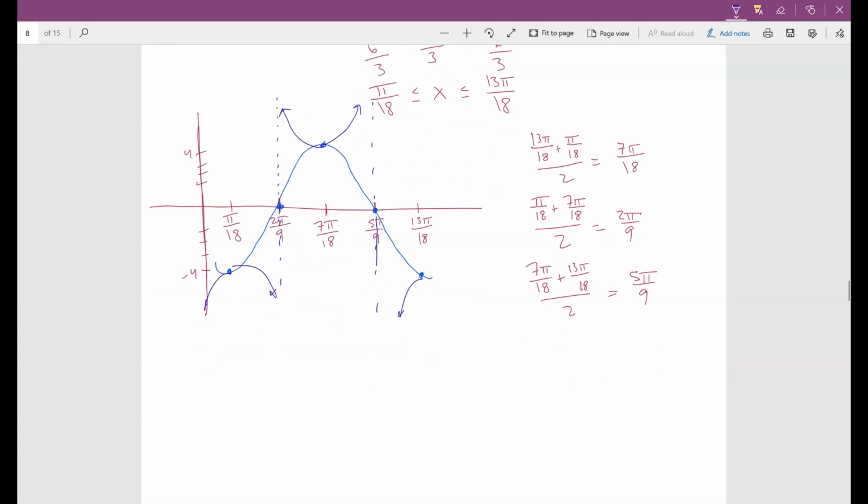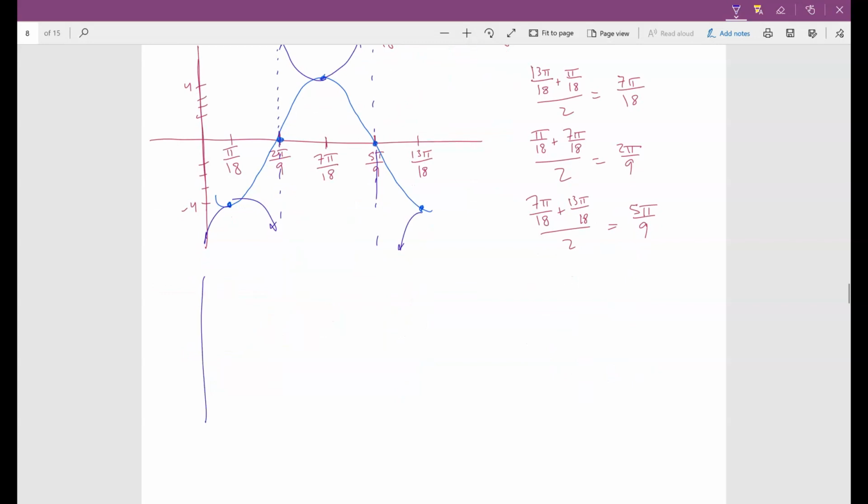Okay, so let me just draw it a little bit nicer. So pi over 18, 2 pi over 9, 7 pi over 18, 5 pi over 9, and 13 pi over 18. Okay, so we have it at 2 pi over 9, and we also have it at 5 pi over 9.